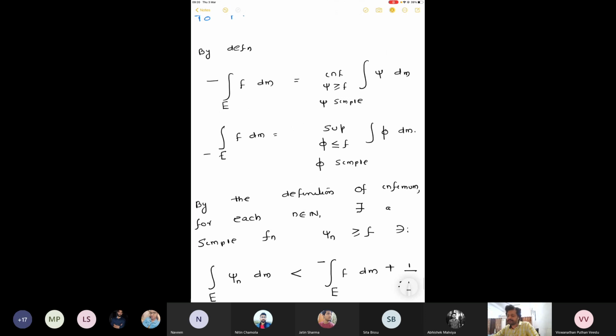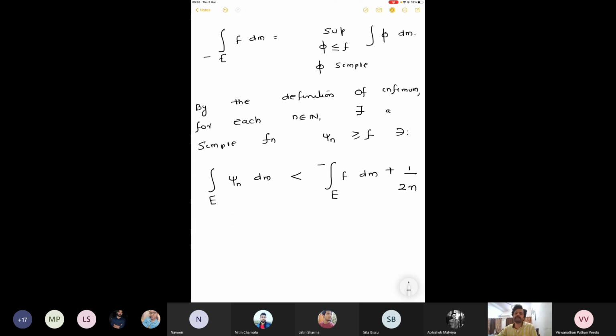Upper is infimum, so nothing greater than infimum can be a lower bound.